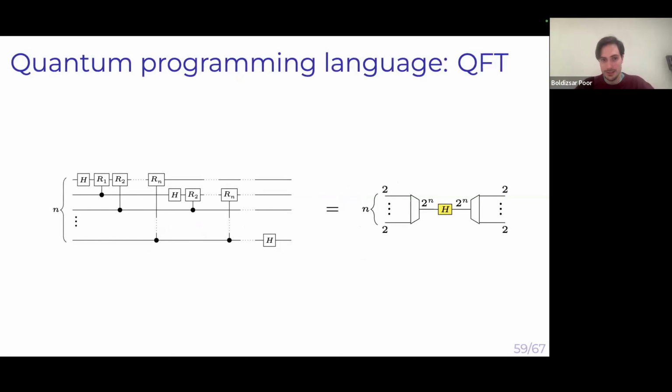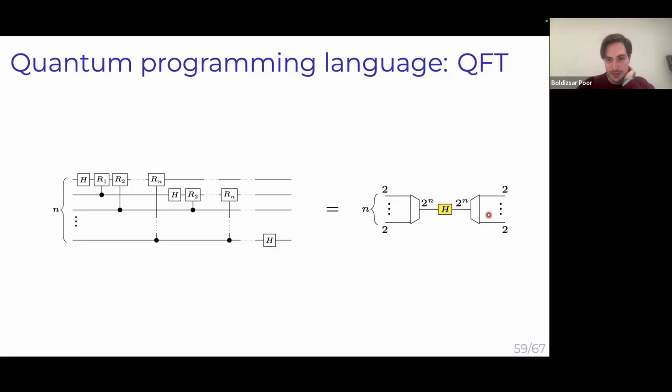Another thing we found when writing this paper is that this dimension splitter, mapping smaller basis states into a larger state space, is actually quite useful for quantum programming languages. And one of the things where we found it particularly interesting is that if you embed qubits into this larger 2 to the n dimensional state, apply a Hadamard, and then undo it, that exactly corresponds to doing the quantum Fourier transform.